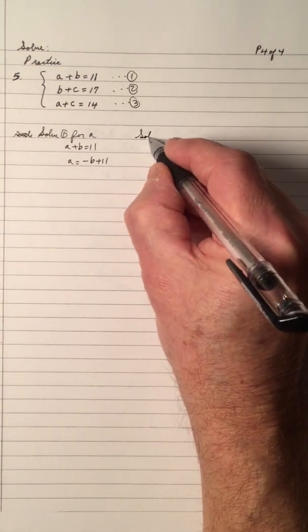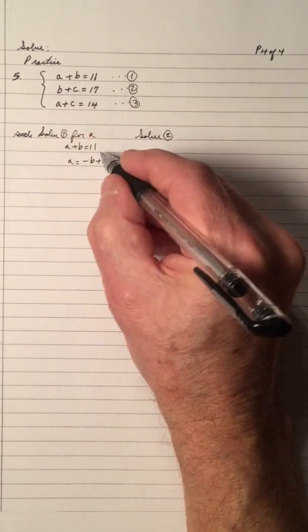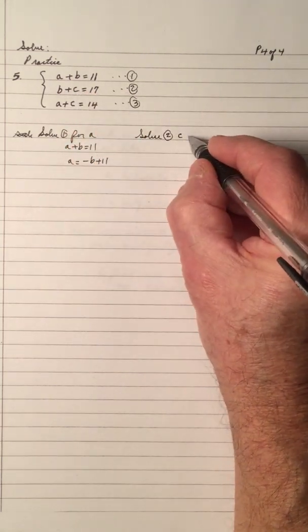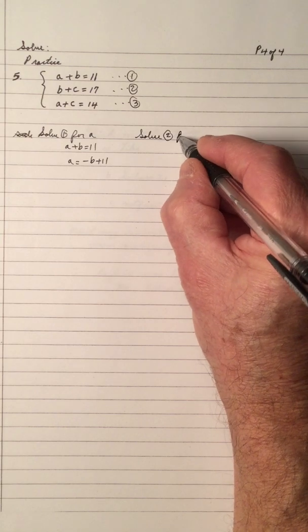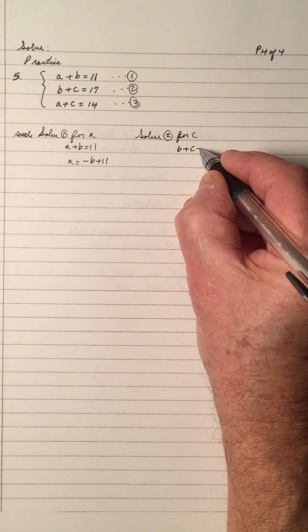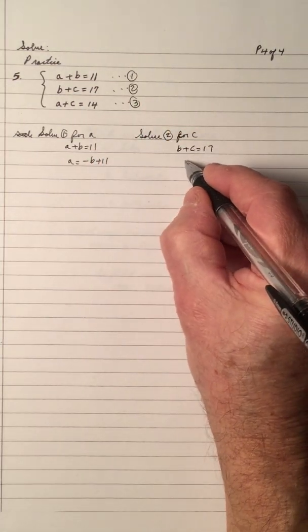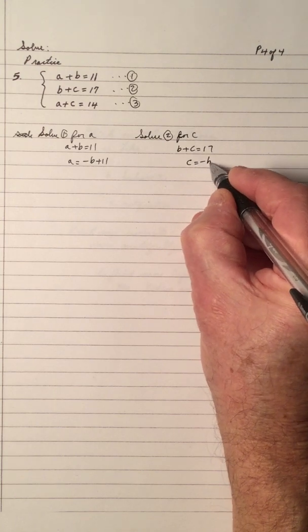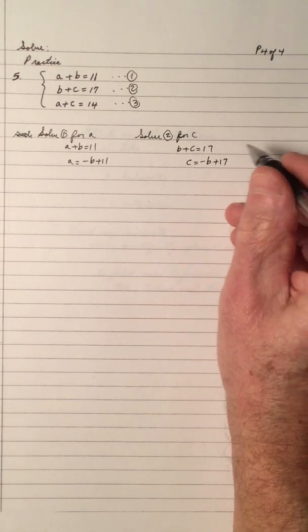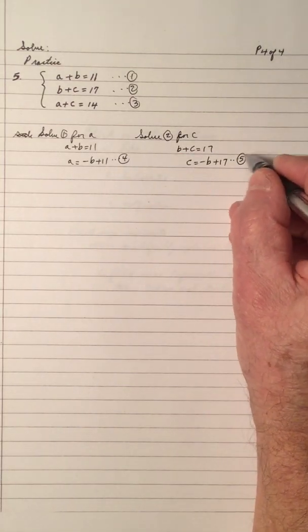And we're going to solve number 2 for C. So number 2 is B plus C is 17. So we're going to solve it for C. So C equals negative B plus 17. So this is a new equation called 4, and a new equation called 5.